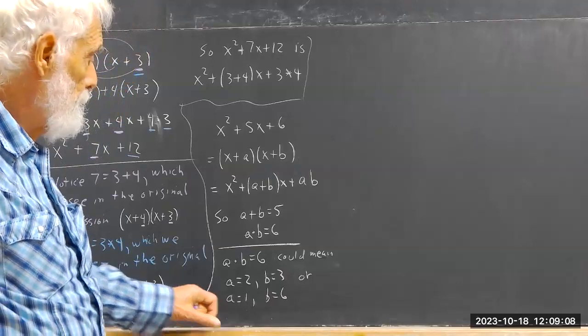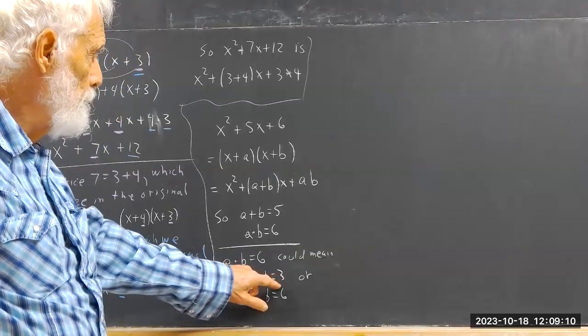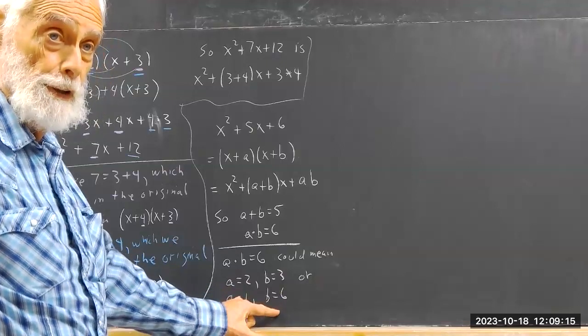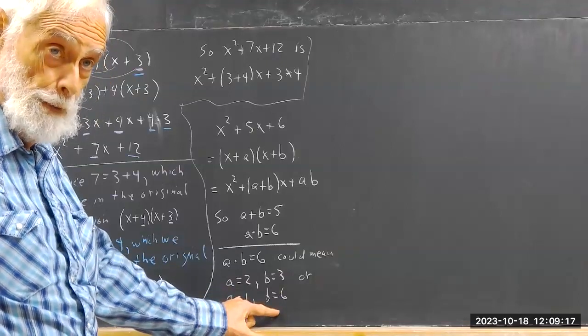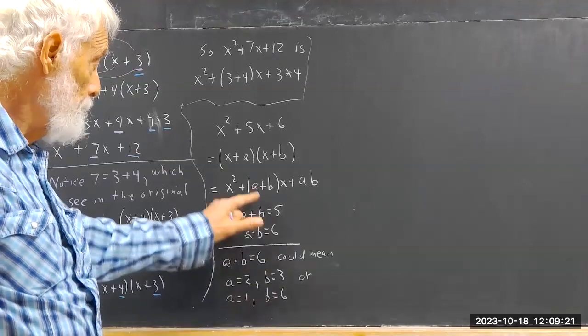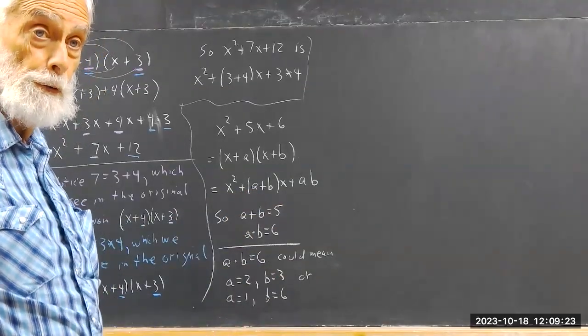Now, let's say if a equals 1 and b equals 6, let's just start with that, which is the last one we looked at, okay? A is 1 and b is 6. Then what's a plus b? Can you show me with your fingers?